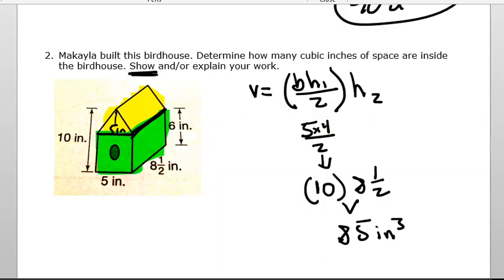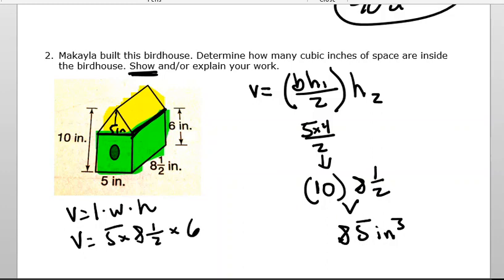And then for my rectangular prism, I have 5 by 8.5 by 6. So if my volume is equal to length times width times height, I'm going to go volume equals 5 times 8.5 times 6.